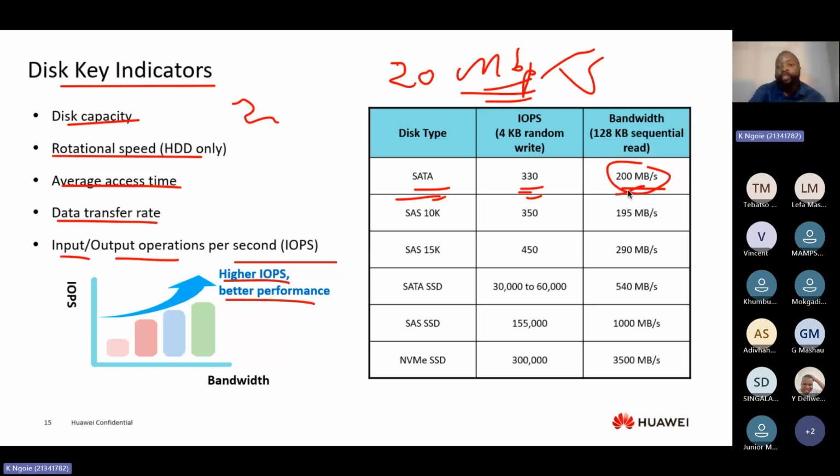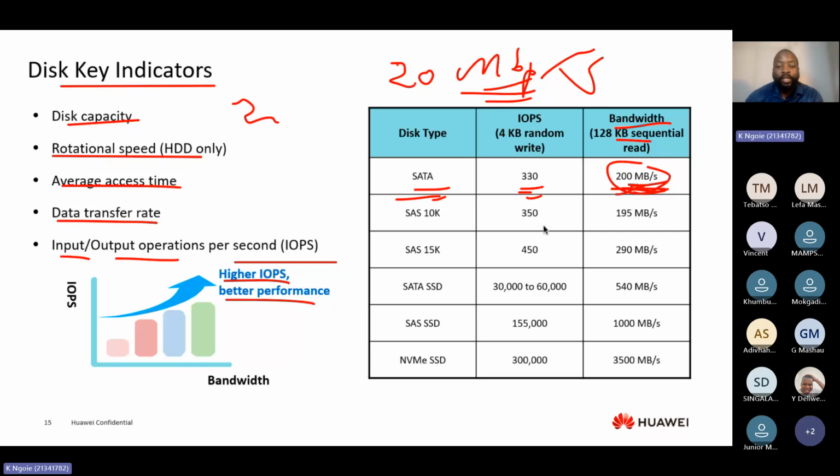But when we talk about storage, we're talking about megabyte. So the bandwidth is how much storage is being used per second for this transfer of data. That is megabytes per second. But when we talk about the speed of internet, it is megabit per second.